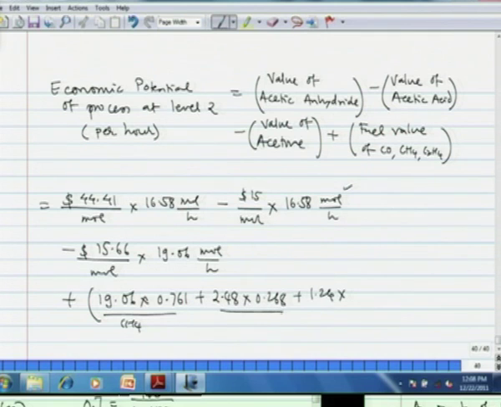This is for methane, this is for carbon monoxide and this is for ethylene.